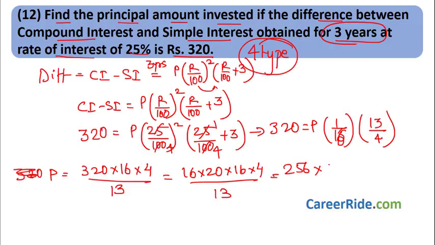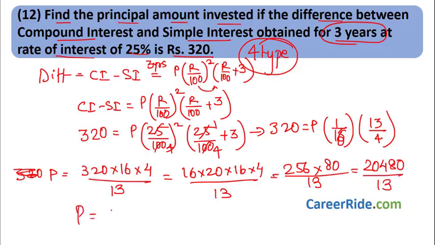So 4 into 20 is 80 divided by 13. Now 8 into 256: 256 2s are 512, 512 2s are 1024, so 256 4s are 1024, and 256 8s are 2048. We have 2048 and this 0 of 80 divided by 13.